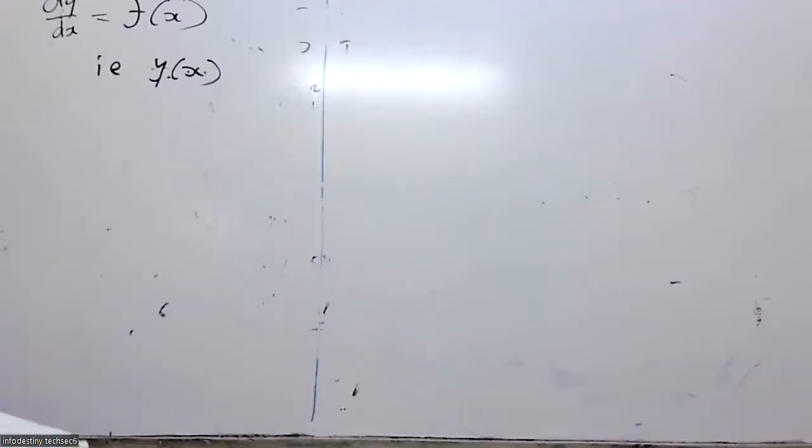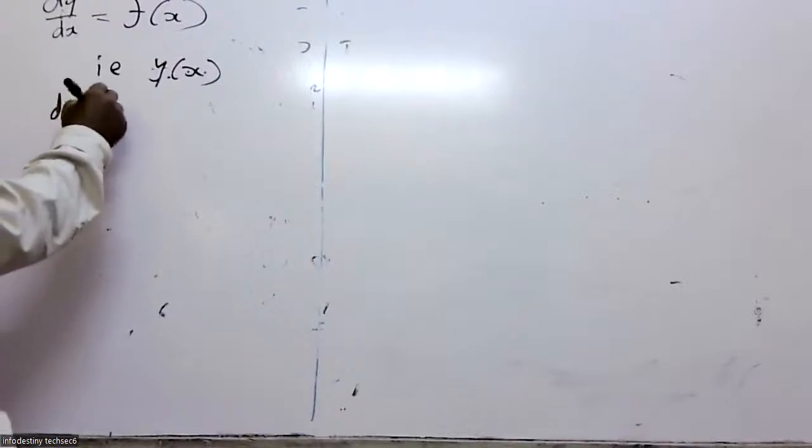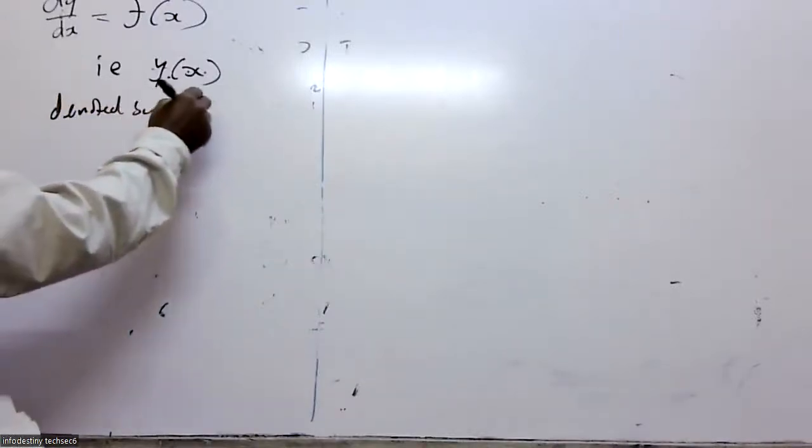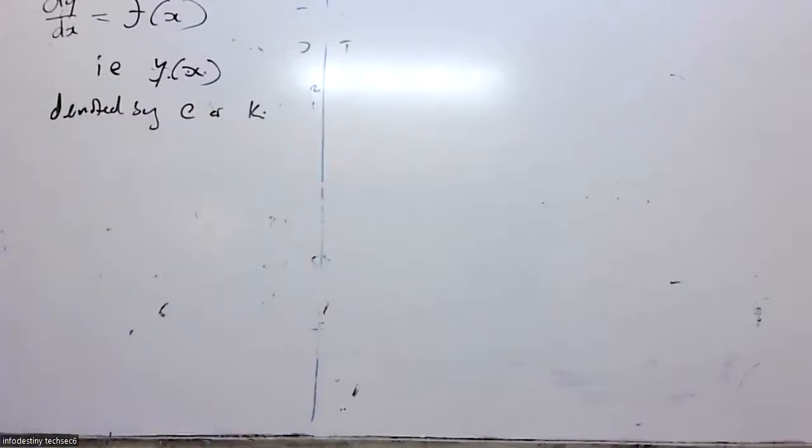When you integrate a function, there is a constant of integration, denoted by C or K.